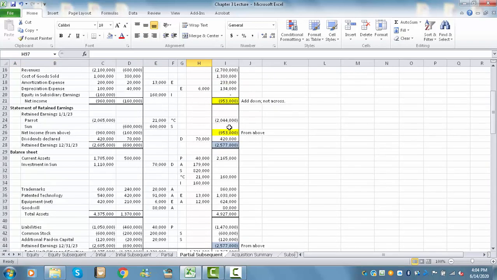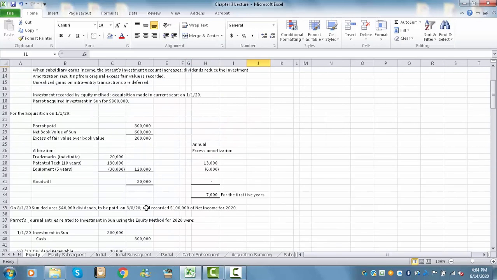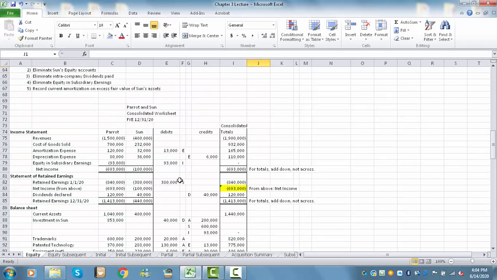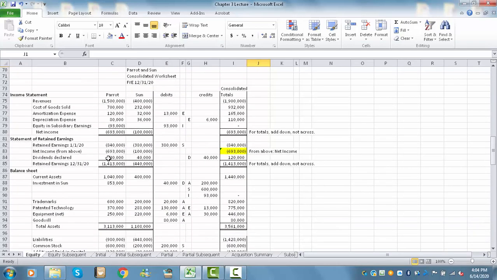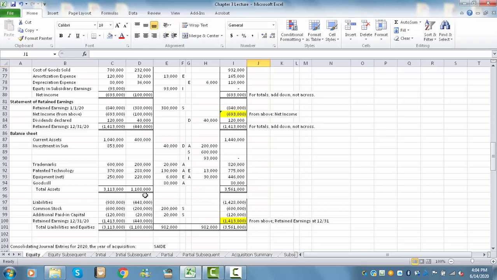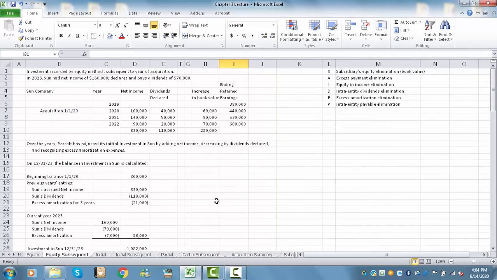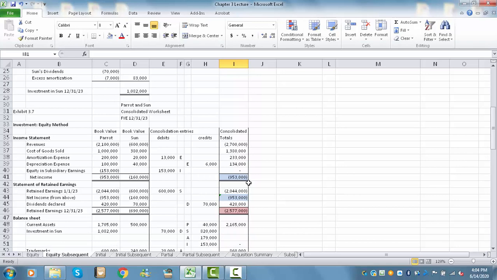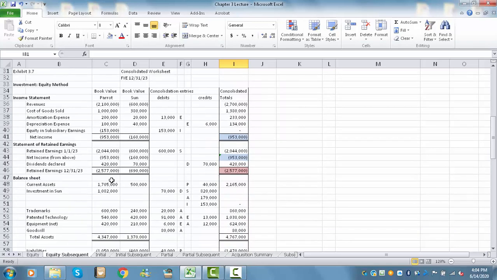This is the same retained earnings that we had when we used the equity method. Way back when we did the equity method, our final retained earnings, if we could ever find them, in the correct year, would have been the same amount, $2,044,000.